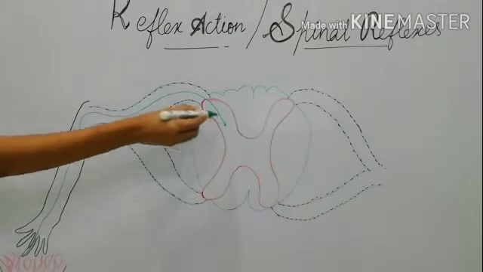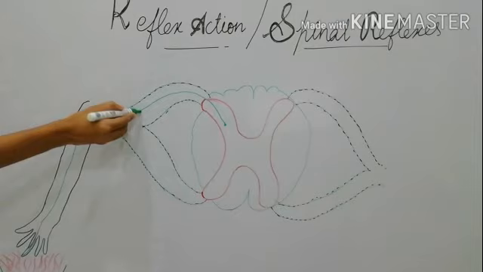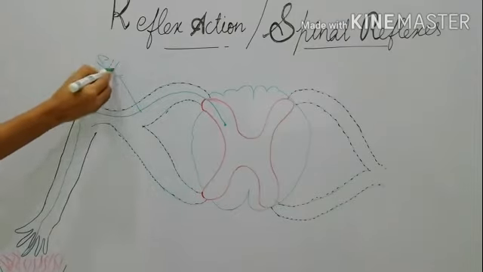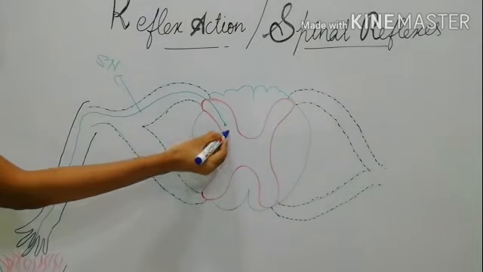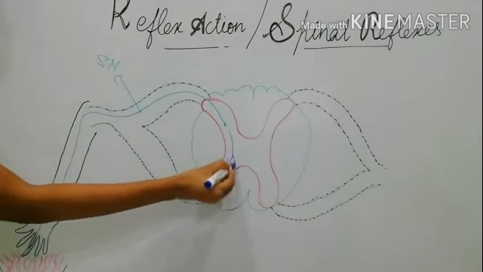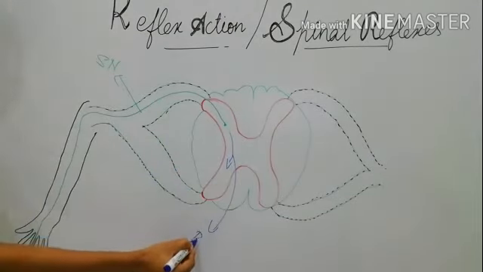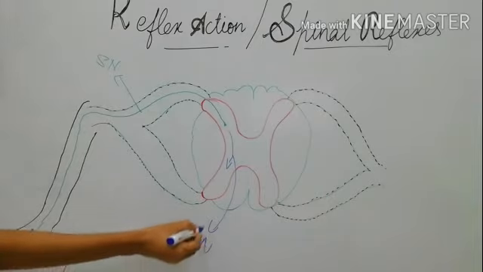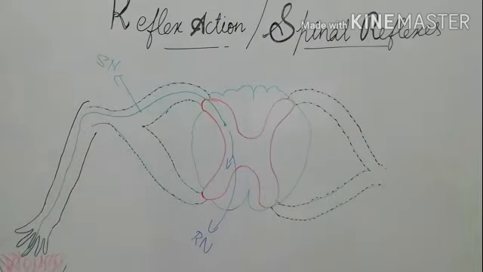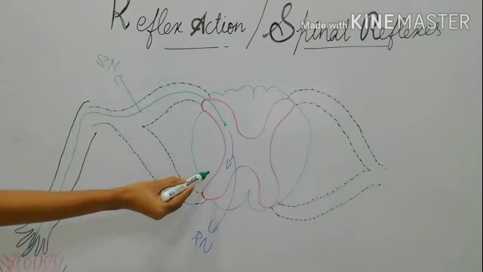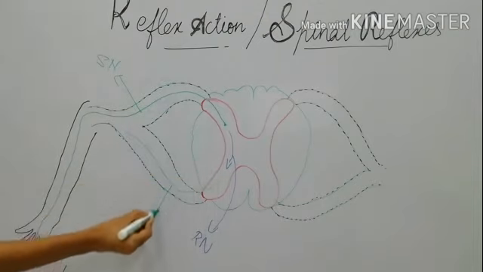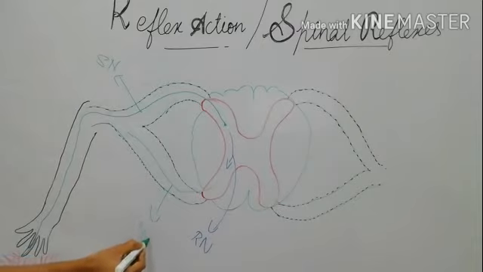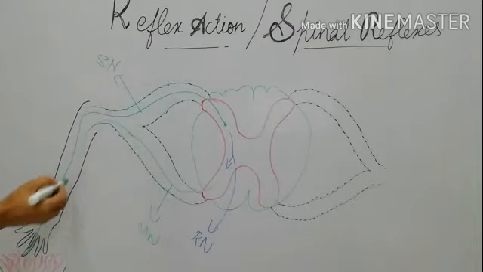This neuron is the sensory neuron. Then the signal from the sensory neuron is received by another neuron, which is called the relay neuron. The relay neuron sends the signal to another neuron, the motor neuron, and this motor neuron sends the information to the bicep to pull the hand out.